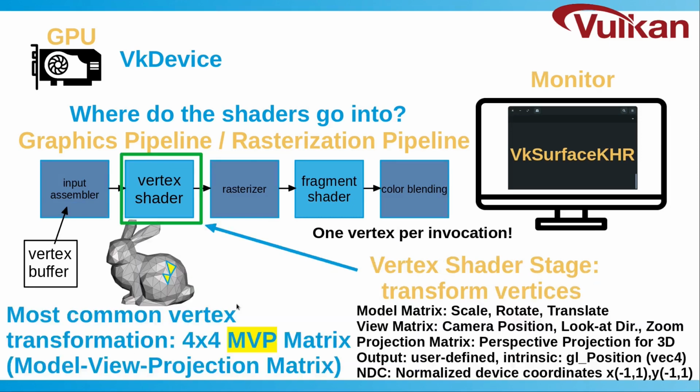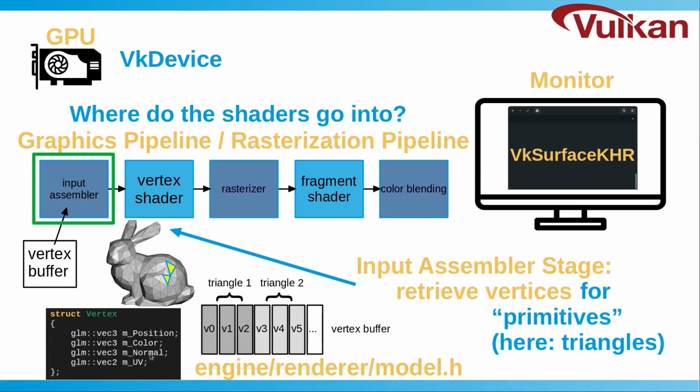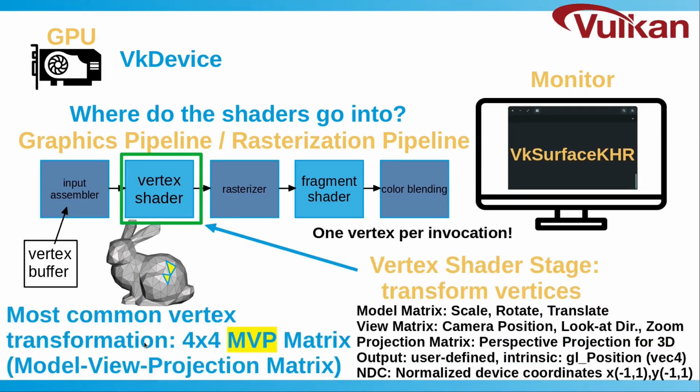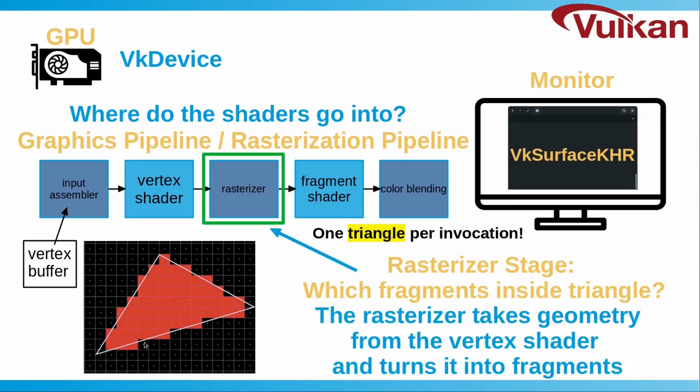Or if we were using this color here in the Fragment Shader to shade the pixels, and let's say this color of this vertex here would be red, and this would be blue, then from here to here it would be a gradient.